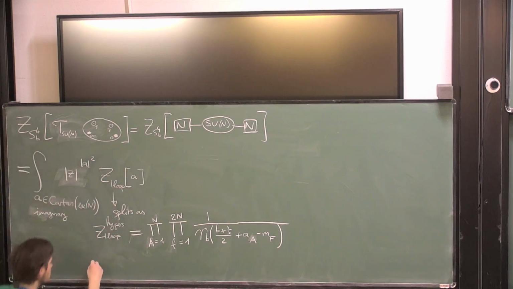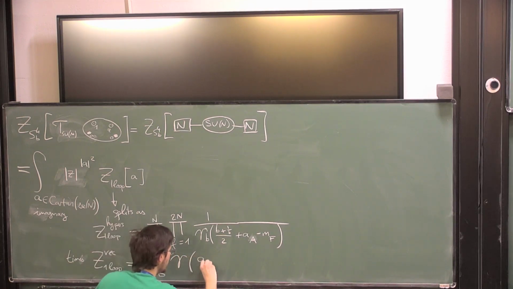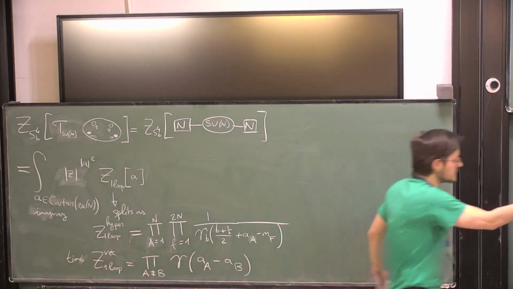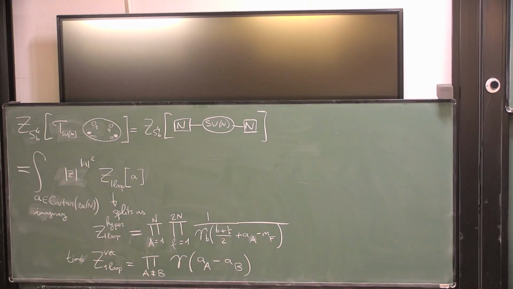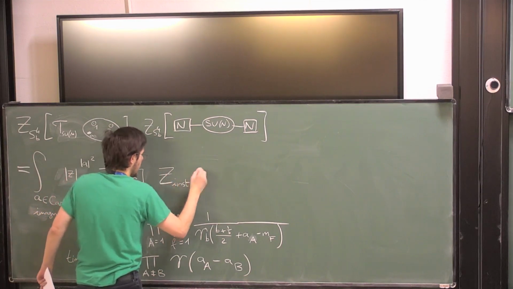So this is Z hyper times Z vector, which is another product of epsilons, A minus AB. These come from fluctuations of the fields in the hypermultiplet or vector multiplet around this particular element of the localization locus, so this particular solution of these equations. And this is missing a big, very important piece, which is the following.